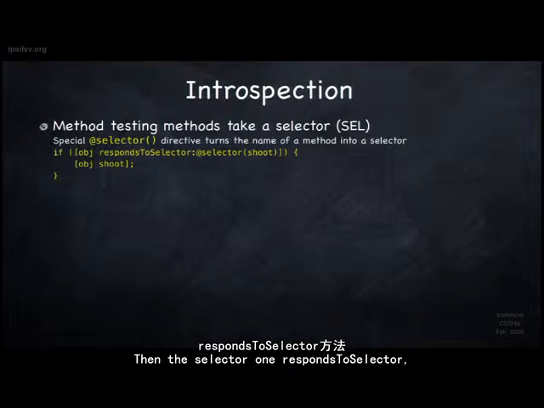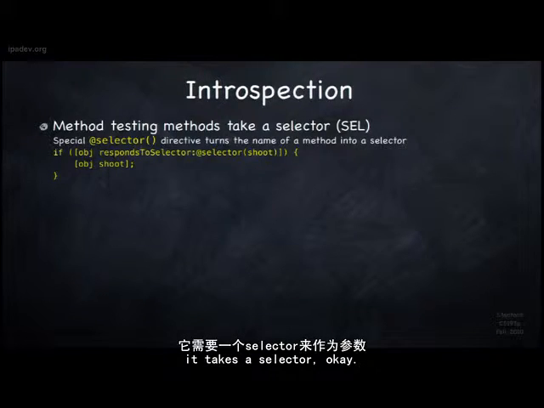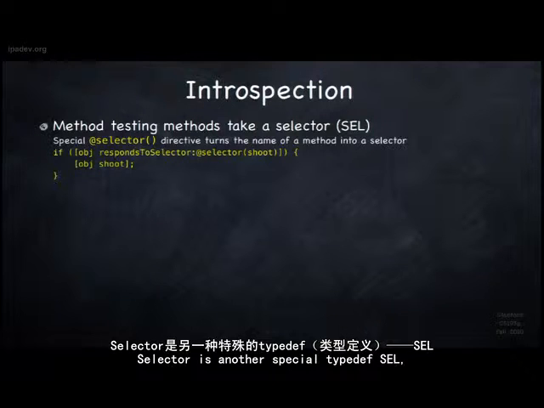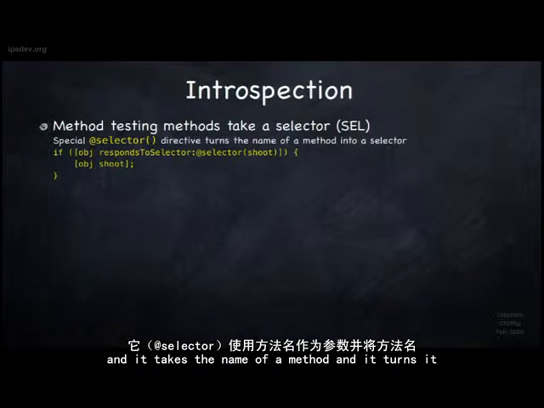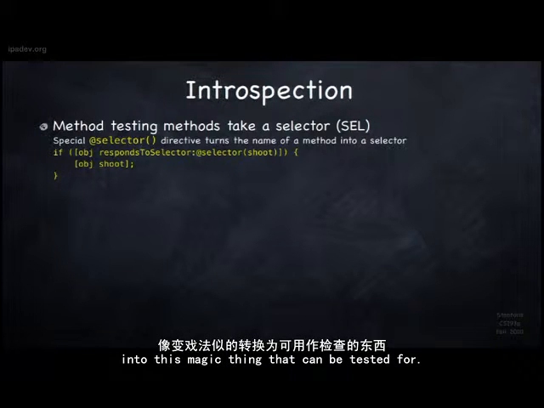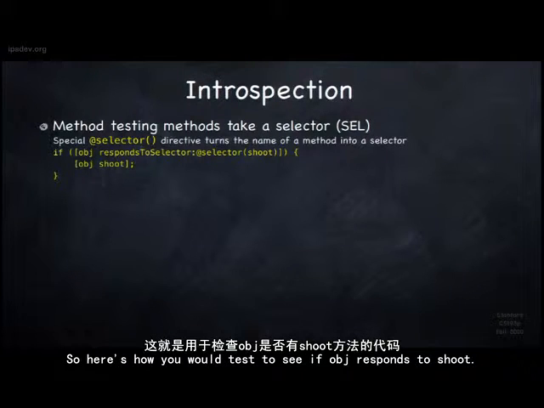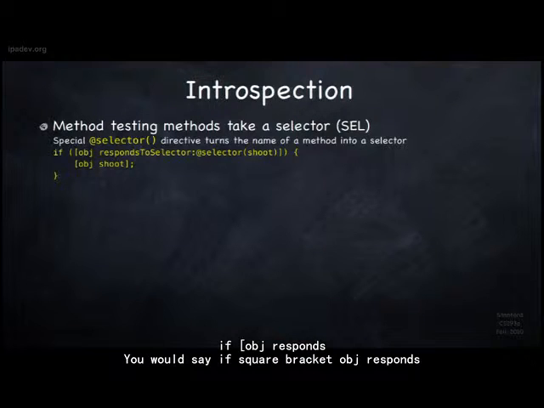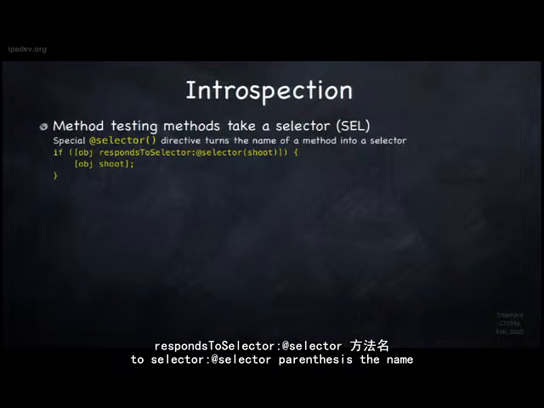Then the selector one, respondsToSelector, takes a selector. Selector is another special typedef, SEL, capital S, E, L, and it takes the name of a method and turns it into this magic thing that can be tested for. So here's how you would test to see if obj responds to shoot. You would say if [obj respondsToSelector:@selector(shoot)], the name of the method.